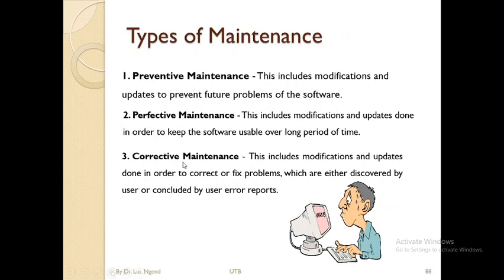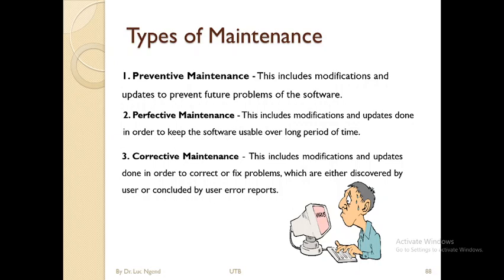But with perfective maintenance, you don't add functionality, but you just improve what is there. You make updates to make it look better. For example, you can change the interface. You might be having a poorly designed interface which is not user friendly at all.